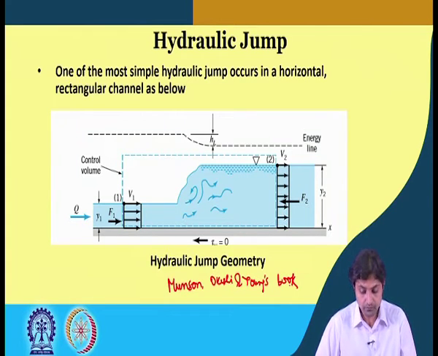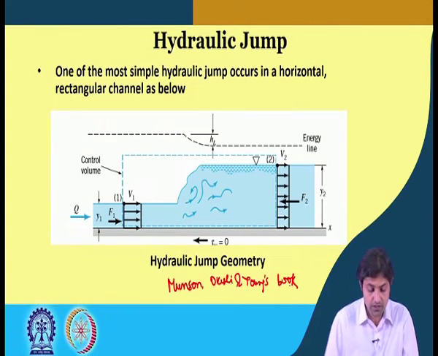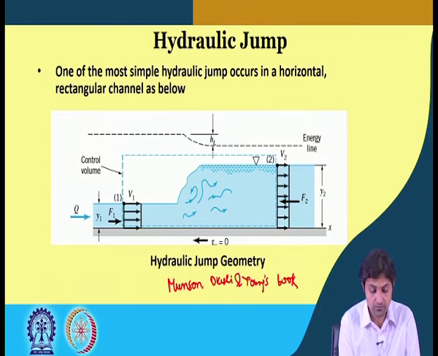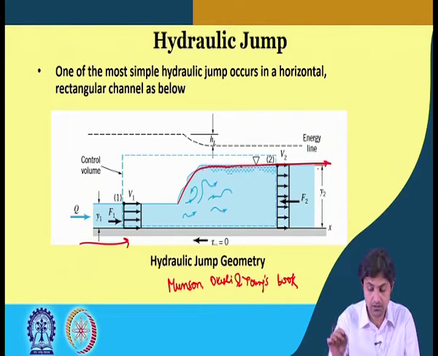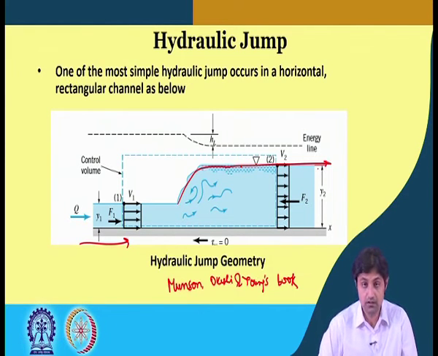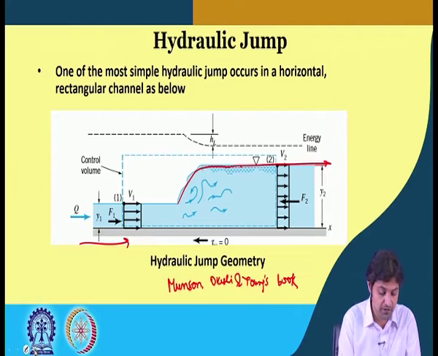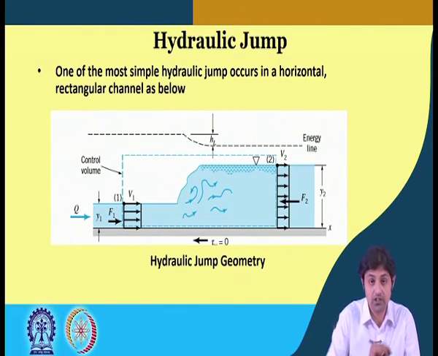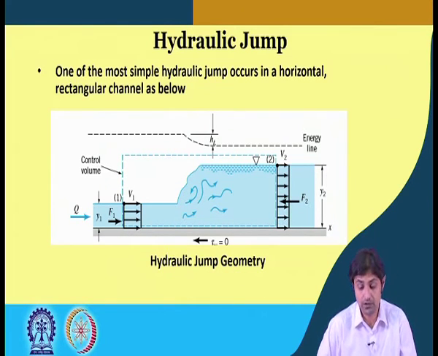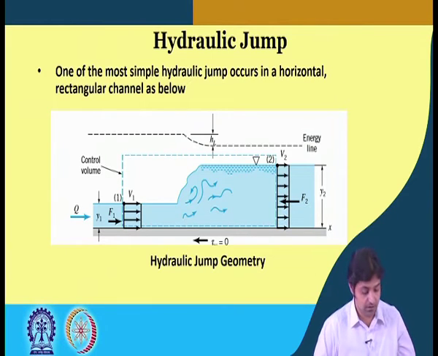So, if there is a flow coming like this in this direction, and the water surface elevation due to the influence rises like this, then this is the simplest case of hydraulic jump. We are going to derive the equation for hydraulic jump, and we will take the help of this particular figure.